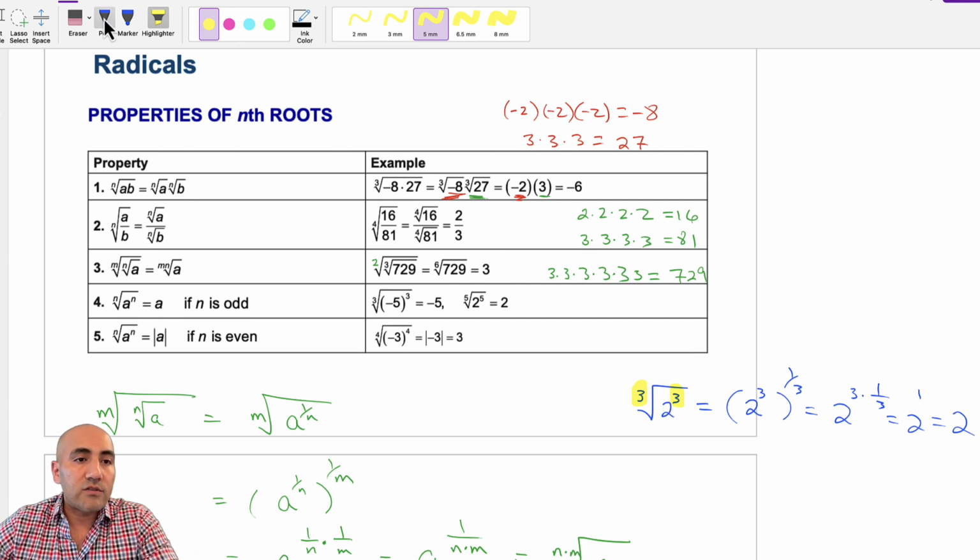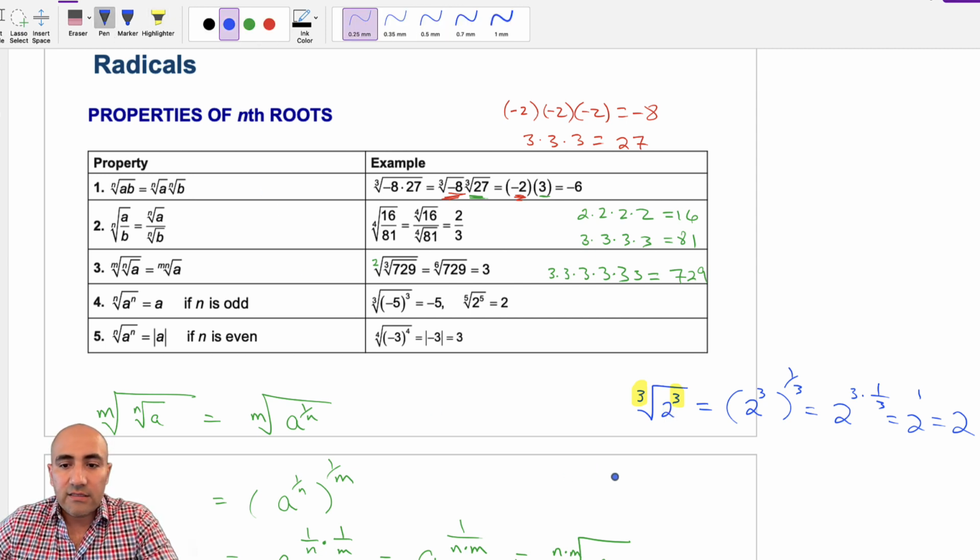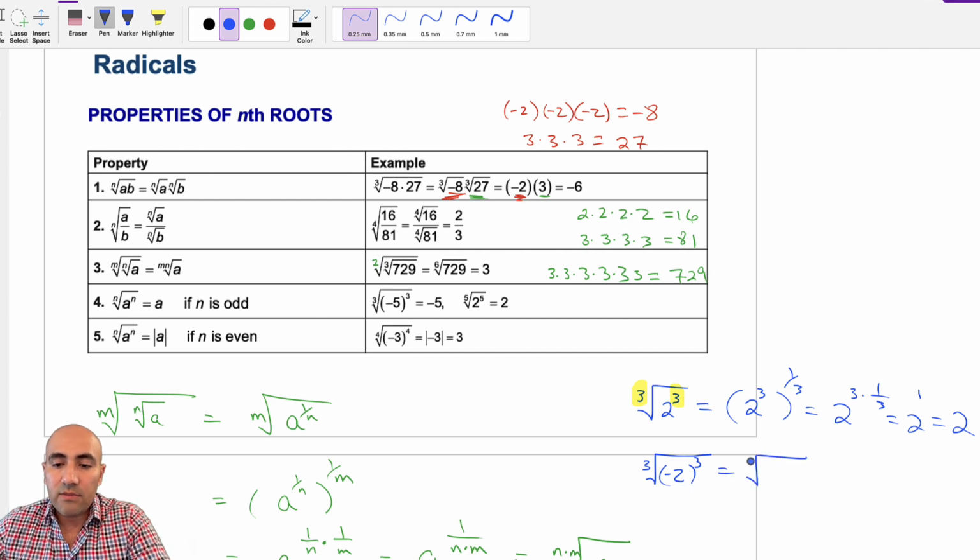It'll always keep it. So for example, if we had instead of 2 to the third power, what if I had negative 2 to the third power, and I want to find the cube root. The cube root of negative 2 to the third power, this also works. It's the same thing as the cube root of negative 8.